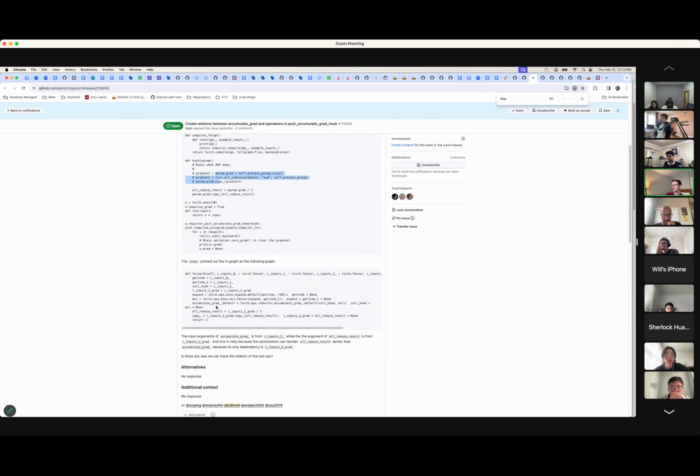According to the dependencies in these nodes, there's no guarantee that'll happen. That's because this hook takes in a param and then does stuff like param.grad divided by 2. The way that's represented in the graph is that we grabbed this input from the graph directly, inputs to grad divided by 2, and now there's no notion of a dependency that this thing cannot be used until after the accumulate grad runs.